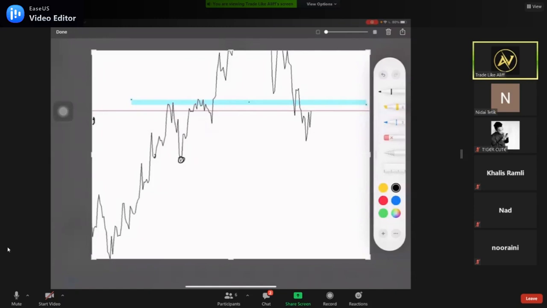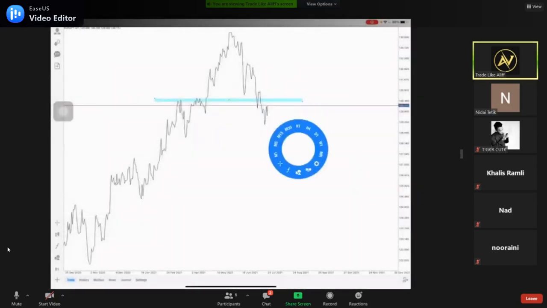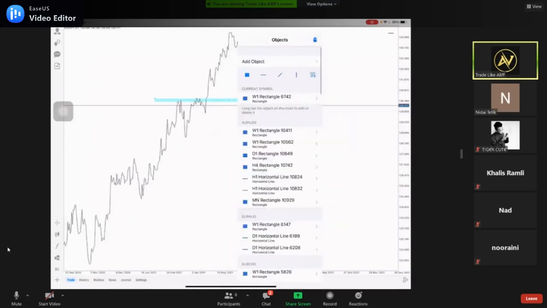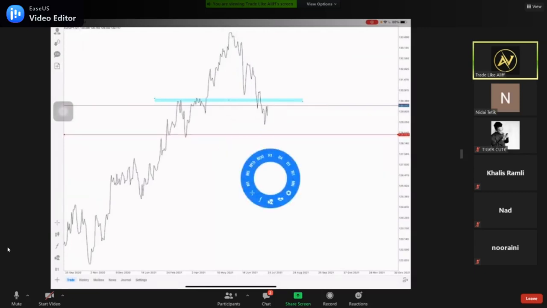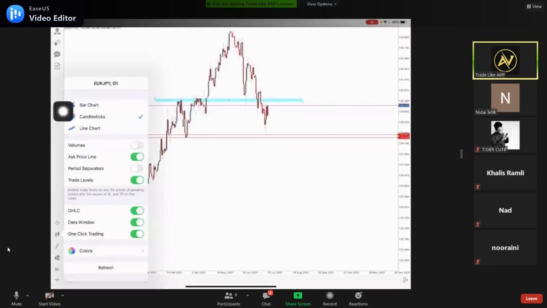You just have 2 zones down there for your buy. You just put 1 here, and then you put 1 here.